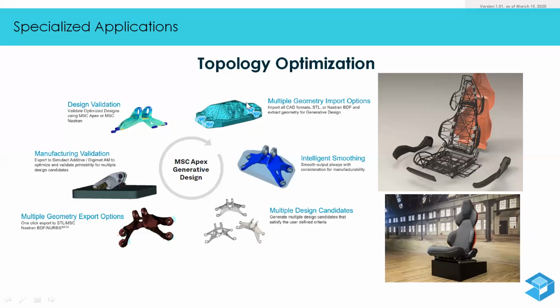Using this technique, you can remove the material from this component, have multiple designs, validate the design and then come up with the final product. One of the examples that you can see over here is that of a seed base.